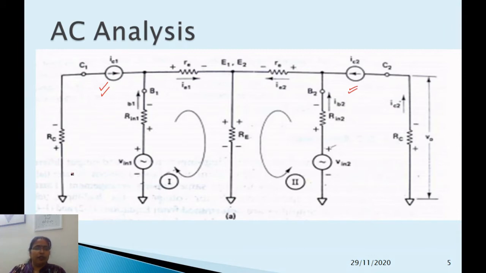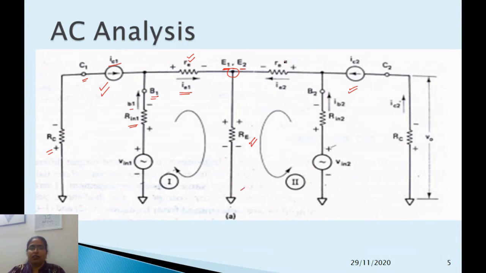So as you can see, I have already discussed in part 1, this is the RC of transistor Q1, this is C1, this is IE1, this is V in 1 connected through R in 1, this is the terminal B1, this is the AC emitter resistance small re, IE1 current is flowing, sorry, this is IC1, and this is emitter IE1 and E2. Both the emitter nodes of both the transistors are connected, and this is the common emitter resistance RE which is connected to the ground.